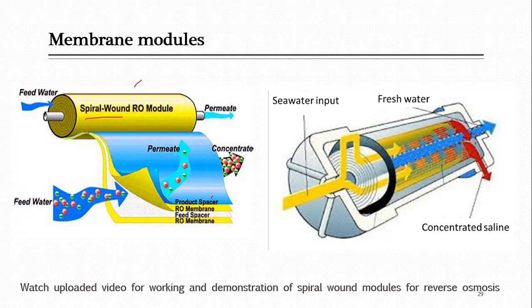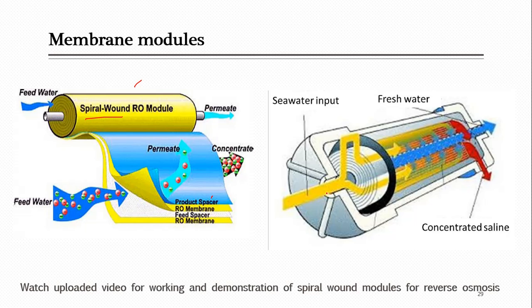Here this module is provided, as he has mentioned, cased or packed inside some packing which can bear high pressure, because as we have seen they are used for either gas permeation or reverse osmosis. For those applications usually high pressure is needed, so the casing should be able to bear high pressure.